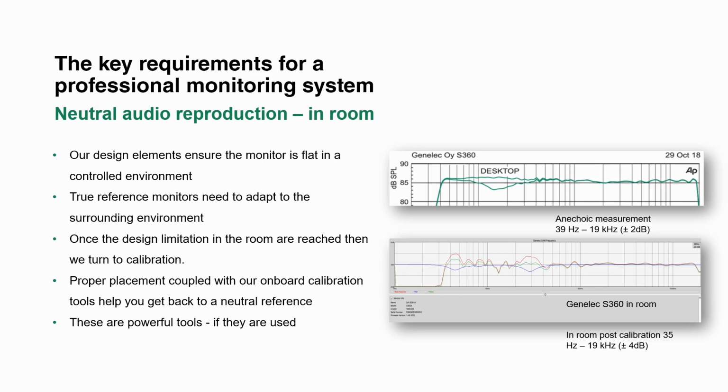So what we've been able to do is to get that monitor to behave in a much more consistent manner, akin to how it was designed in that anechoic environment. So we can see from the frequency response that we've got some boundary loading in the low frequencies, but we've also got an increase in energy from desktop reflections. So the ability to counteract that with GLM means that we can get much closer to a neutral frequency response.